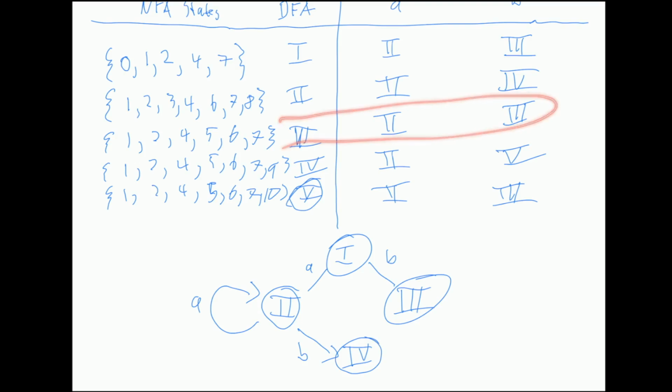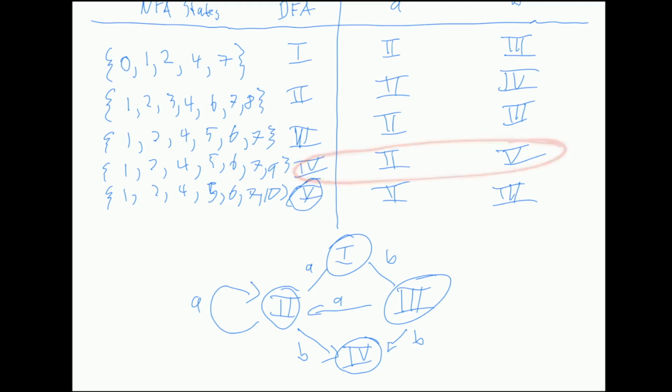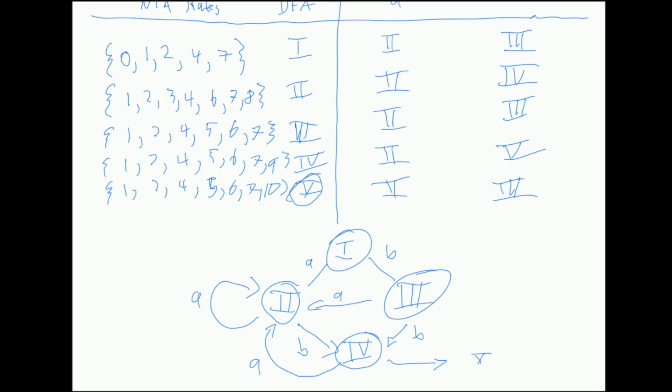State 3 will go to state 2 if it sees an A, and it'll go to state 4 if it sees a B. State 4 will go to 2 if it sees an A, and it'll go to state 5 if it sees a B. State 5, if it sees an A, that looks like a 2.